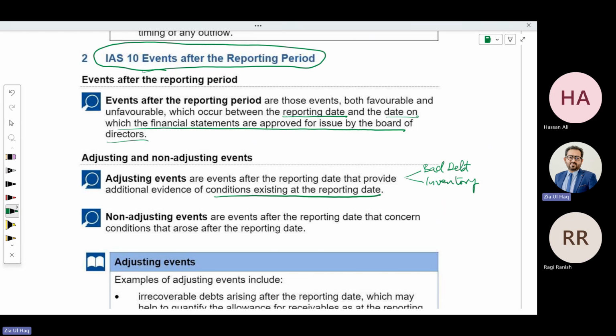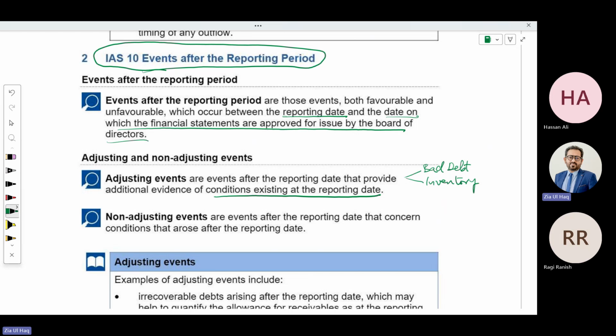Which means after year end, we are aware the inventory recorded in the financial statements at cost is overstated. Why? Its NRV is lower than cost. This is called an adjusting event, meaning we need to adjust the inventory and record it at NRV. And the difference between cost and NRV will be recorded as a loss.